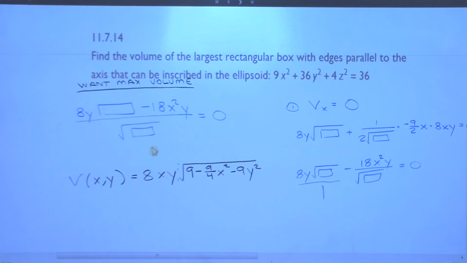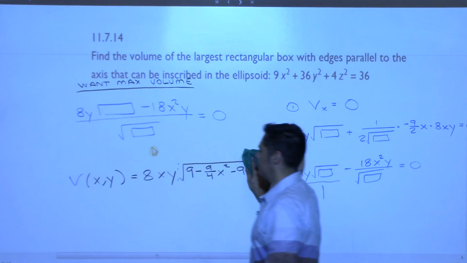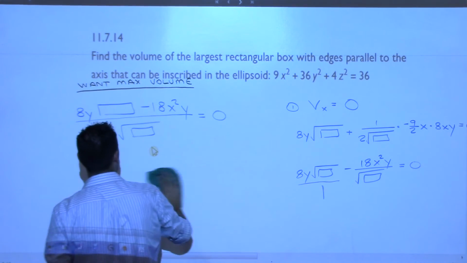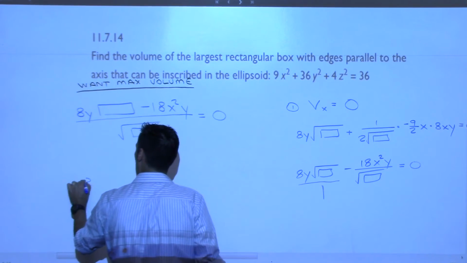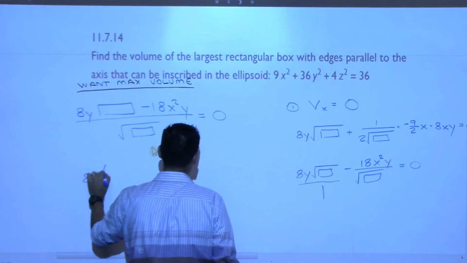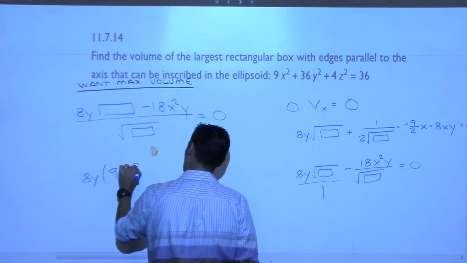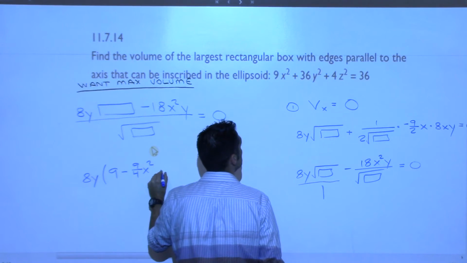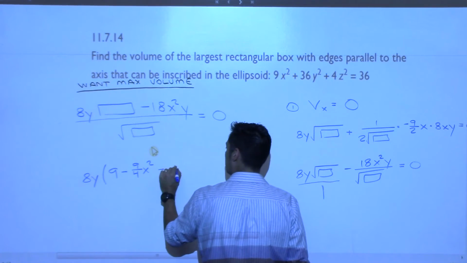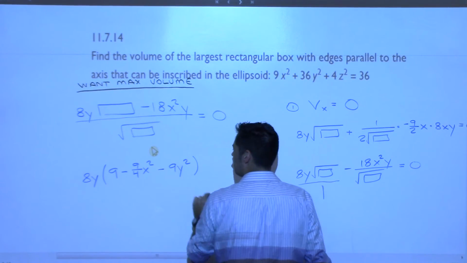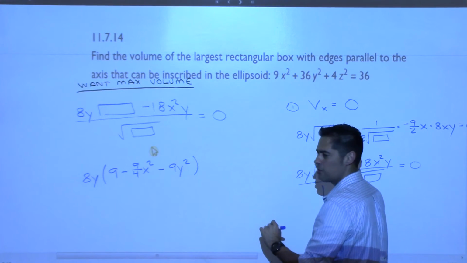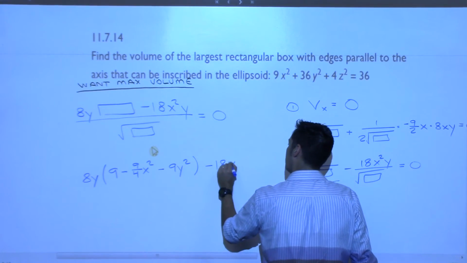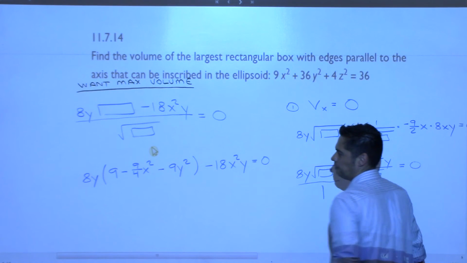And I think I can go fill the junk in now. I have to erase. I'm not going to have enough time. 8y, the junk was 9 minus 9/4 x squared, I forgot, minus 9y squared. That was the junk? Yep. Double check, yes. Minus 18x squared y equals 0.